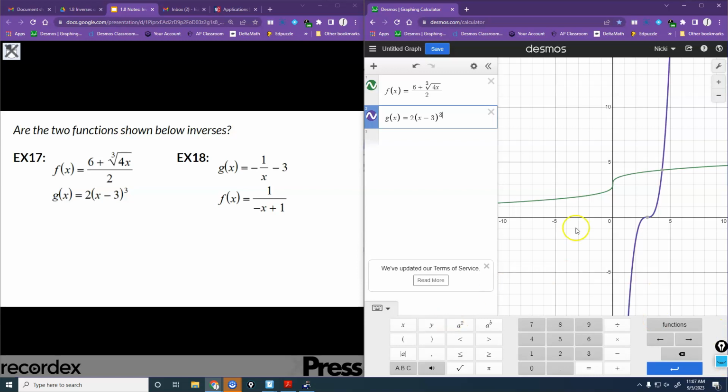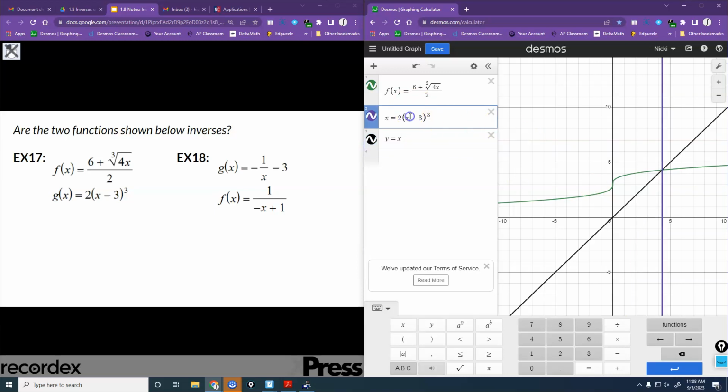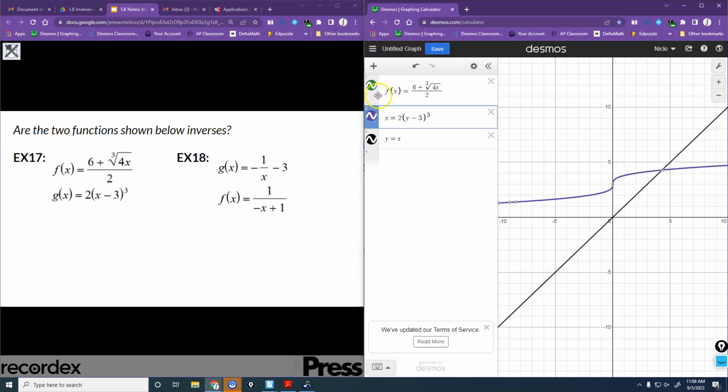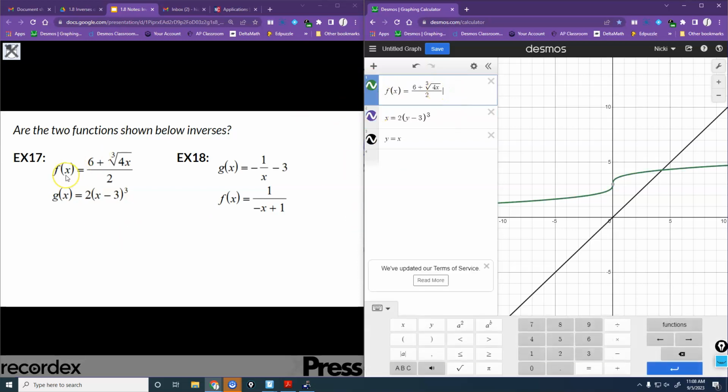Okay? Do those look like they should be inverses? I think so, because if I type in y equals x, they look symmetric, right? They look like they've been flipped. So I think so. If you really want to make sure, take one of them, doesn't matter which one. Turn this into your x, turn this into your y, and they'll turn into the same graph. So these are definitely a yes. That's the same graph right there. So 17 is a yes.